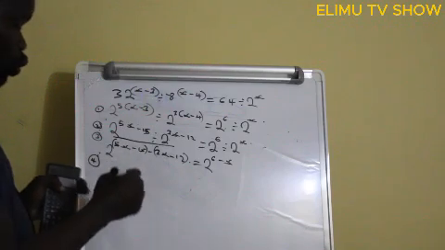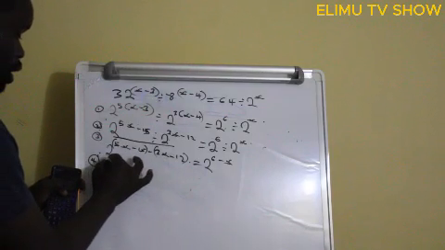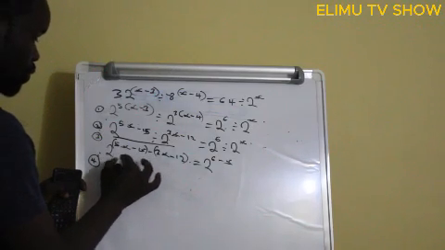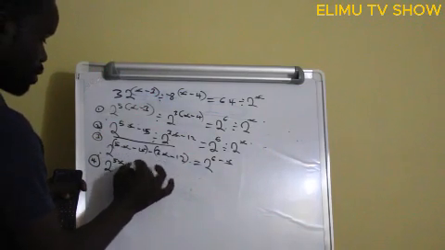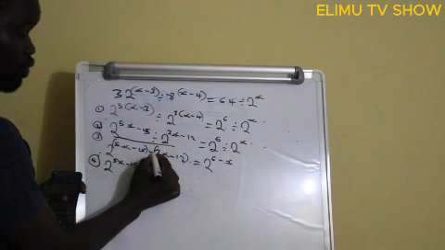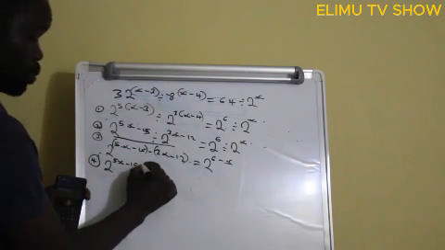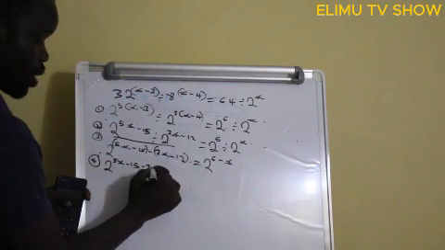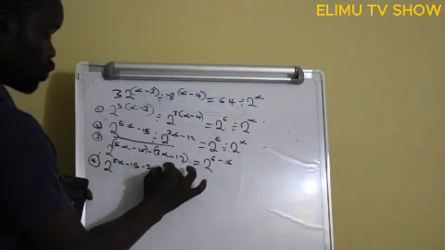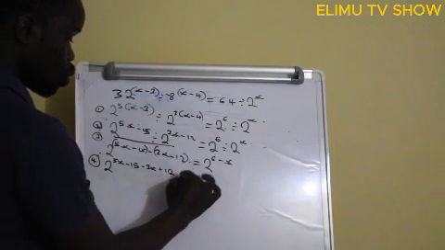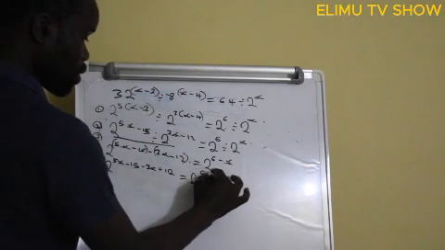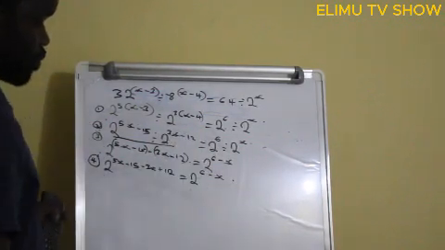We are going to take base 2 raised to power 5x minus 15. If you open the bracket here, we have minus 3x. Then if you multiply negative times negative, which will give you positive 12, should give us 2 raised to power 6 minus x.